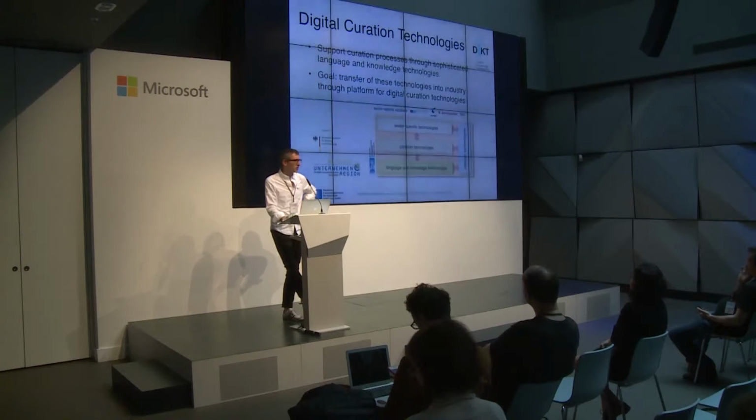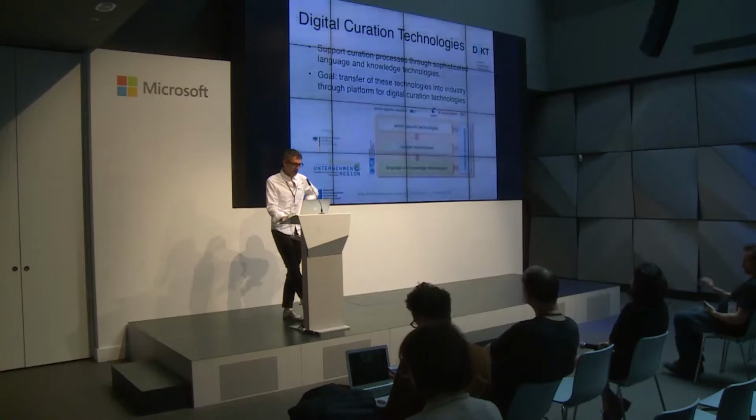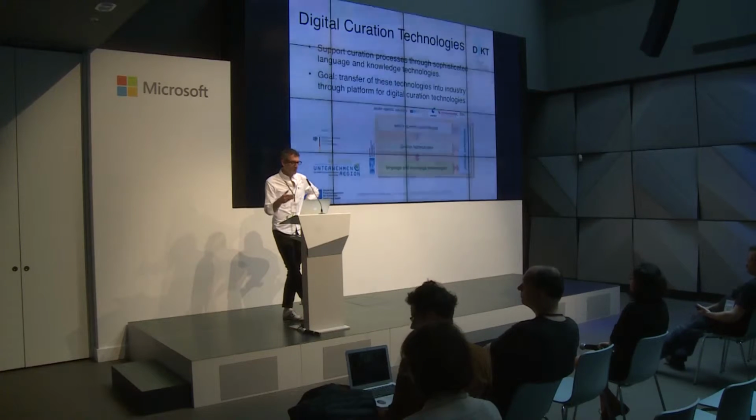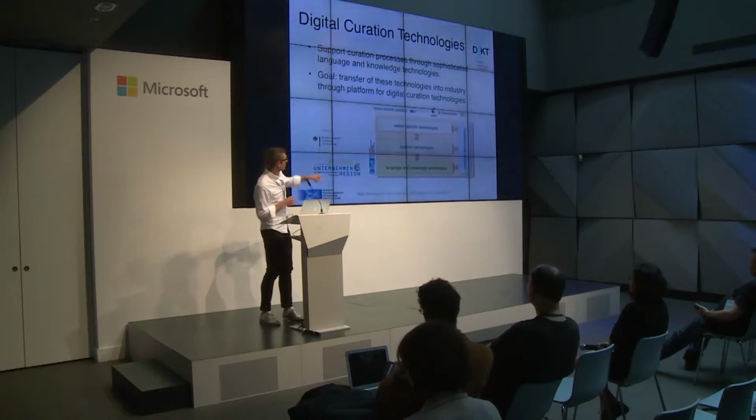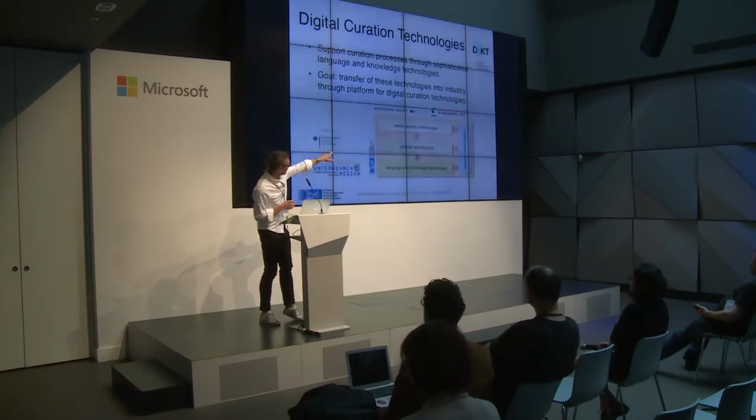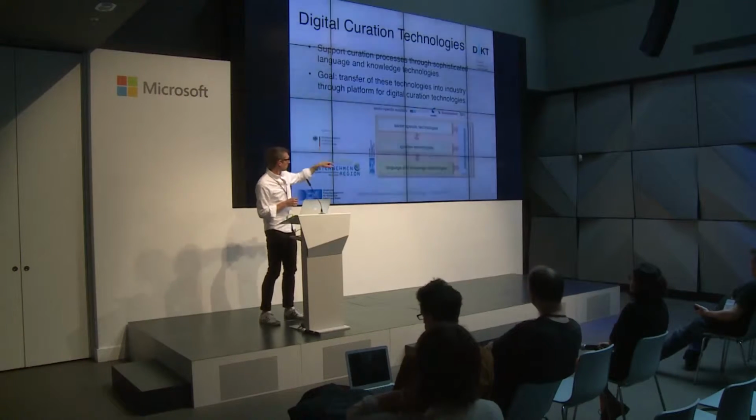Digital Curation Technologies is a project in which we are building technologies, language technologies, knowledge technologies, data technologies that are meant to support curation processes in a couple of companies. You can see the respective 4 partners that we have in the project on top of the little diagram here.